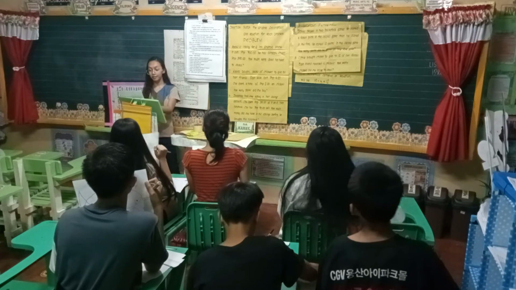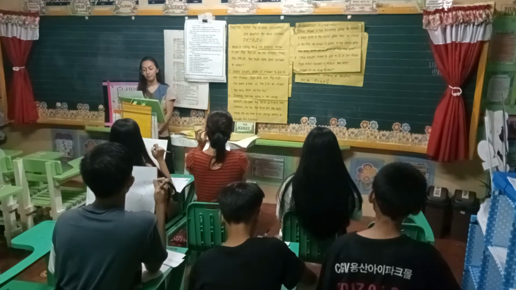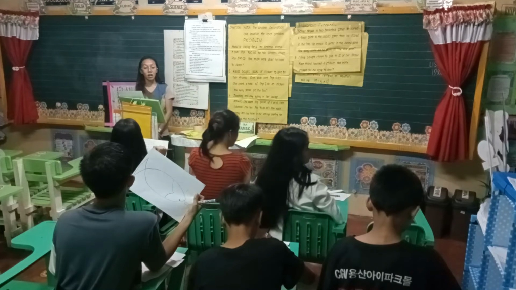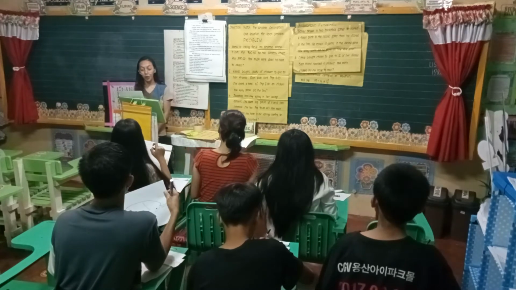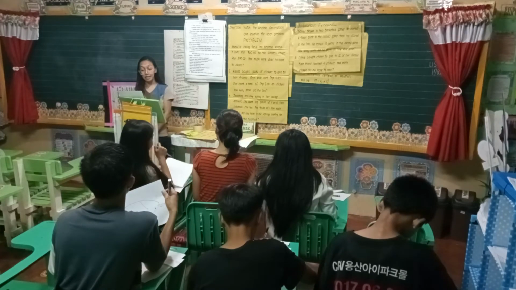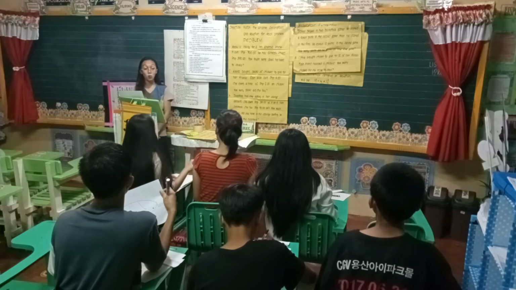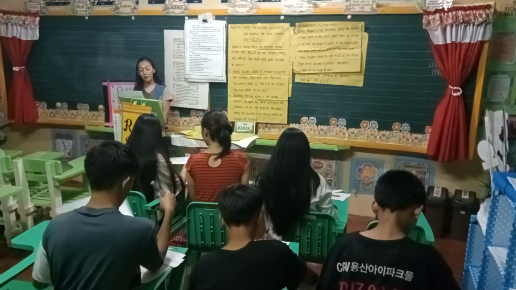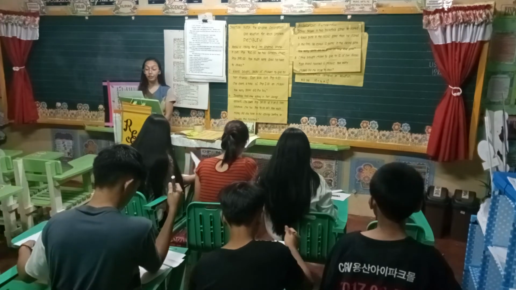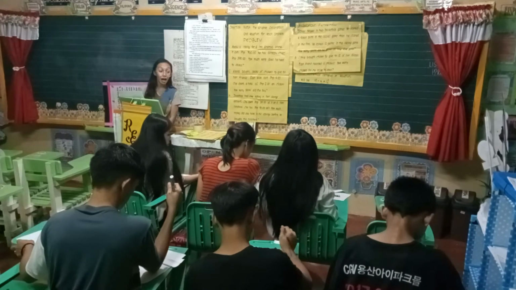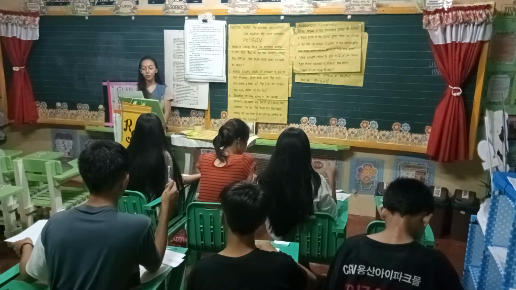A variable is an unknown or missing value of an expression or equation. So what is a variable? A variable is an unknown or missing value of an expression or equation. And a variable represents what? Any letter of the alphabet. Very good.